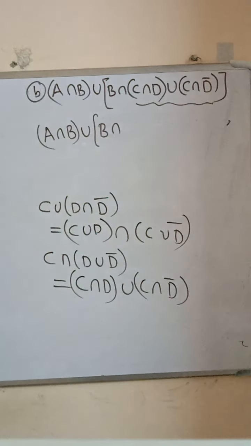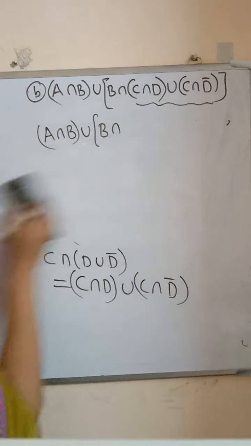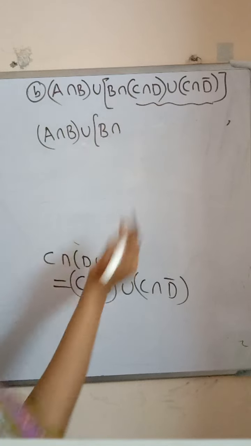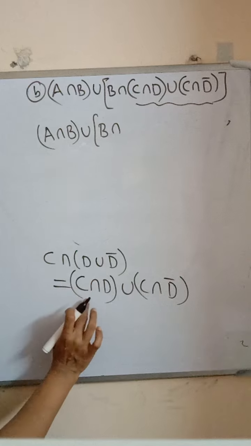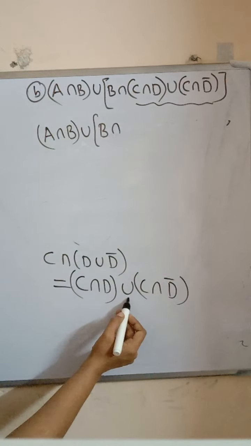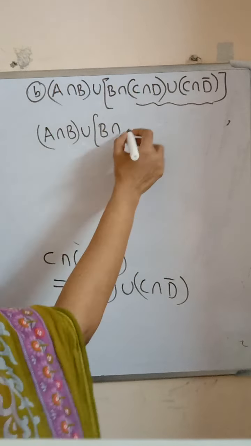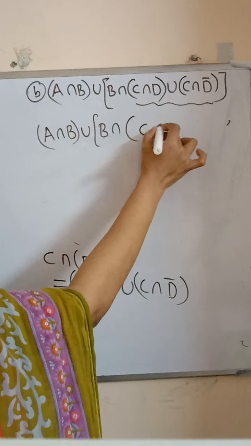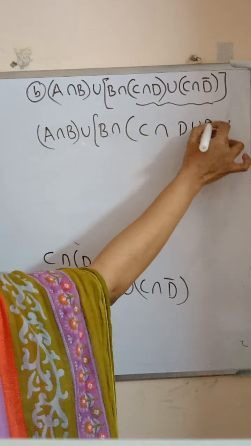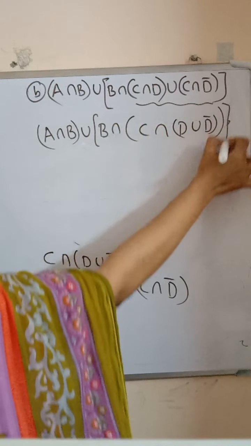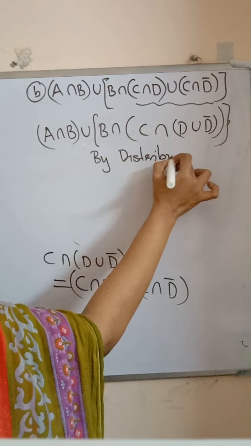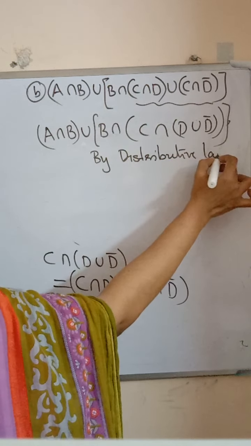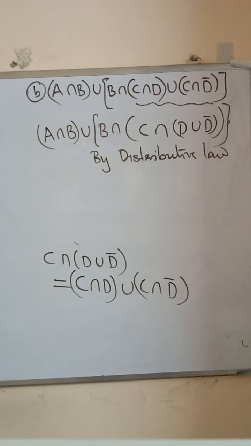Here use the second relation. Here we get the left side of this equation. So we can replace C intersection D union C intersection D complement by C intersection D union D complement, by distributive law. Then by inverse law.